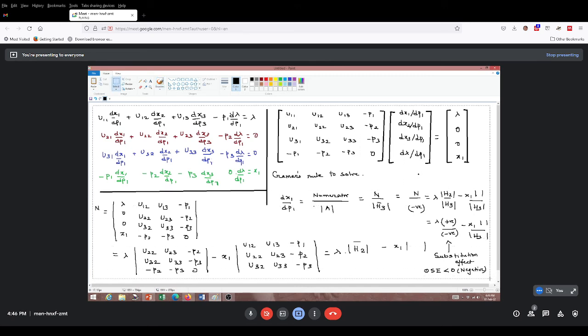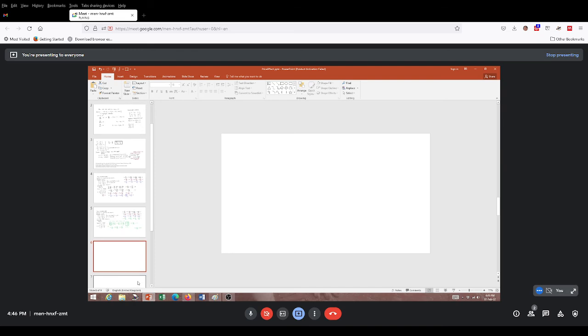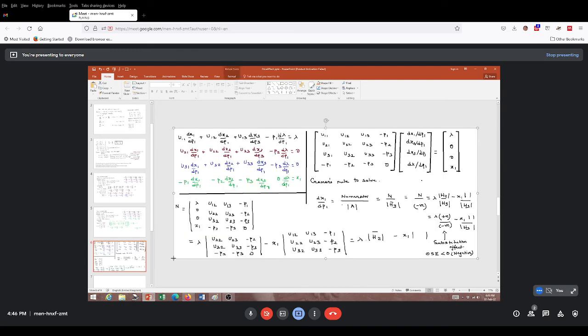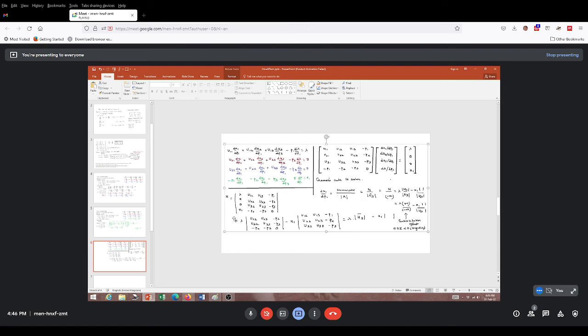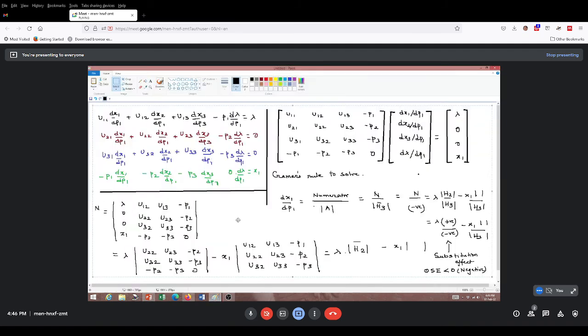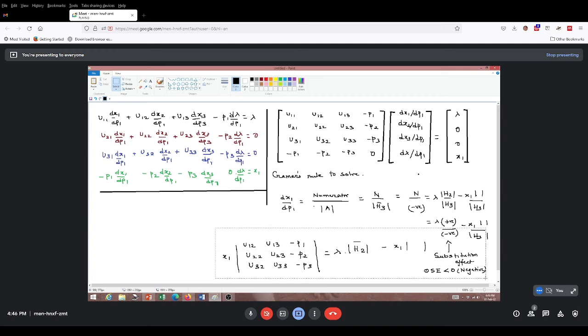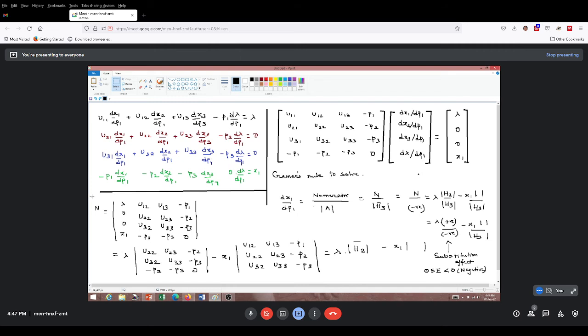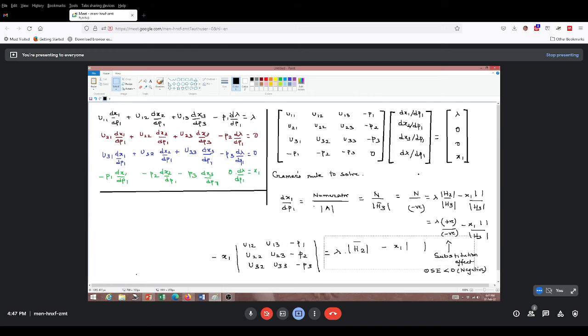So we have derived the substitution part. Now we have to show that the remaining term will be the income effect. So we are interested in this term.